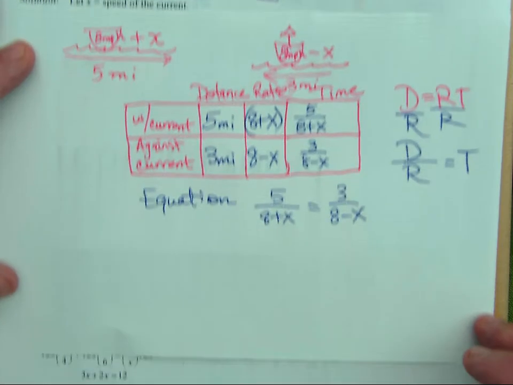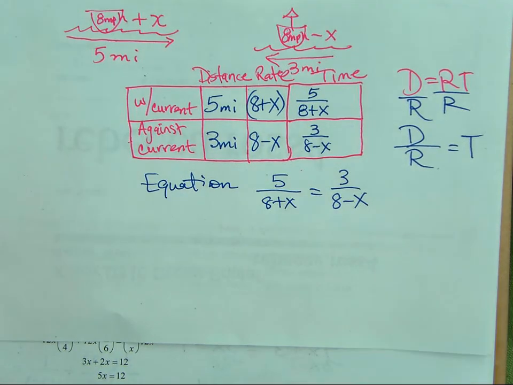Now, there could be a couple of different ways to solve this, but we could multiply both sides by the LCD. That's going to be our most tried and true way of doing it, and it will prevent any kind of mistakes that could happen from misconceptions. So what would the LCD of the equations be? Exactly.